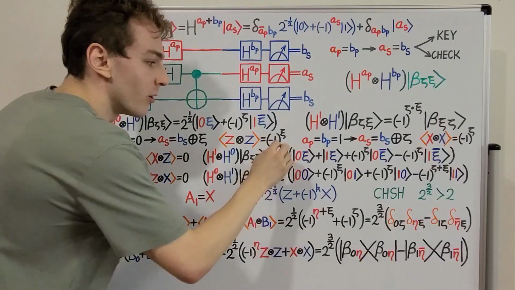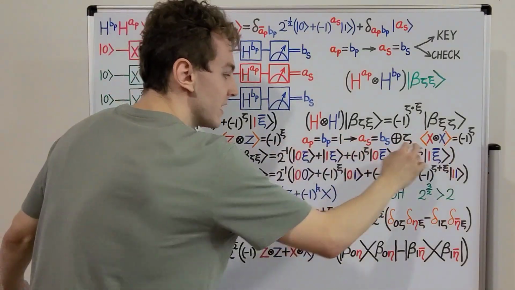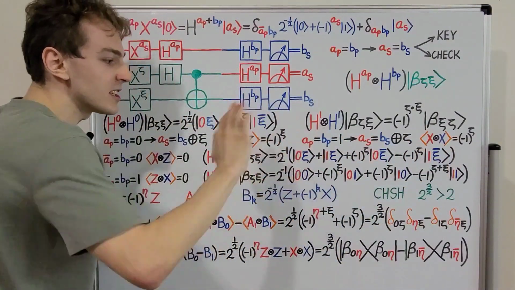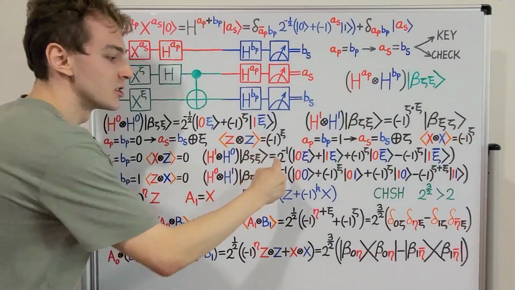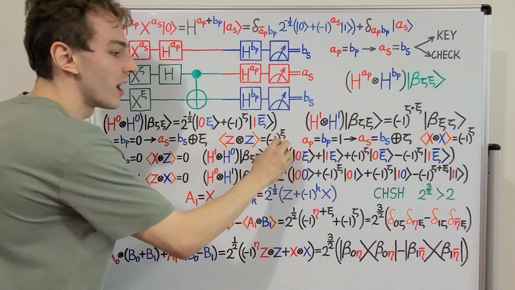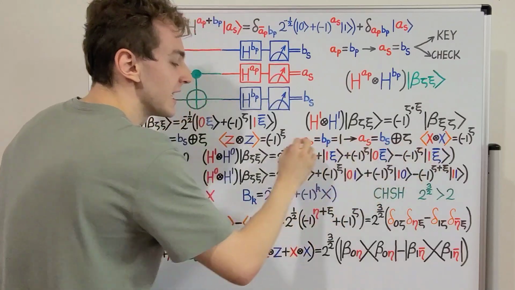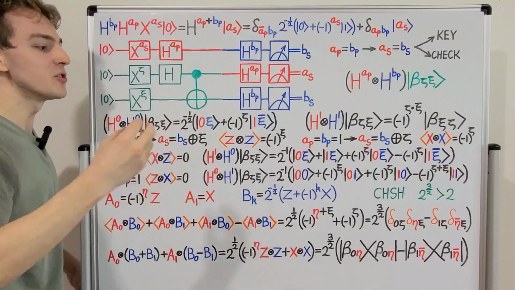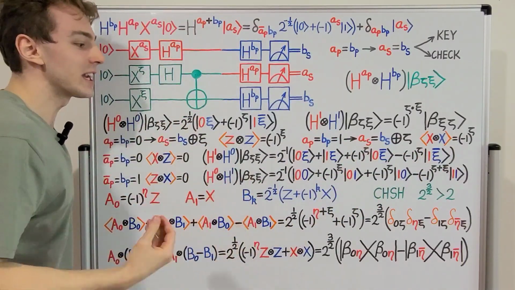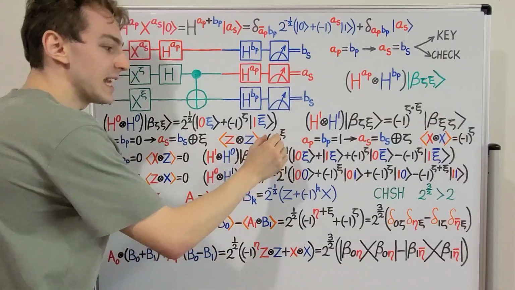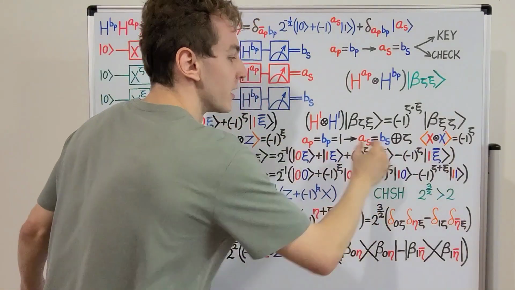And the coefficients at the front of all of these states, they are plus or minus 1/2. So here we have 2 to the power -1, that is 1/2. So the absolute value of all of these coefficients is 1/2. And if we take the absolute value squared, then we're going to get 1/4. So there's an equal probability of all of these outcomes.